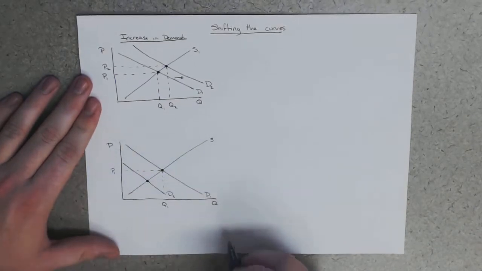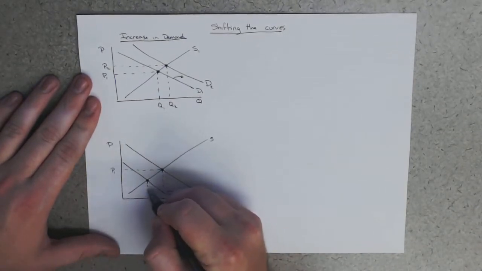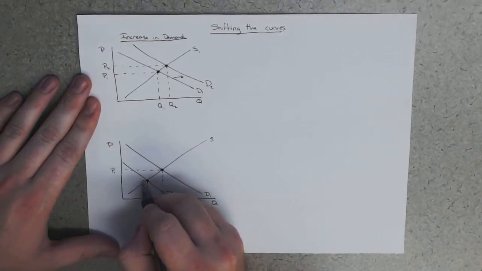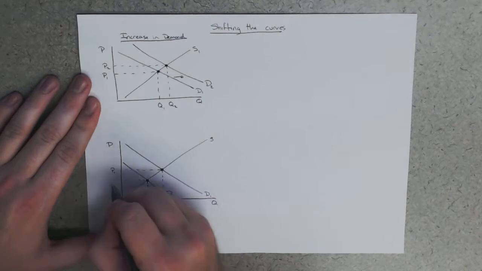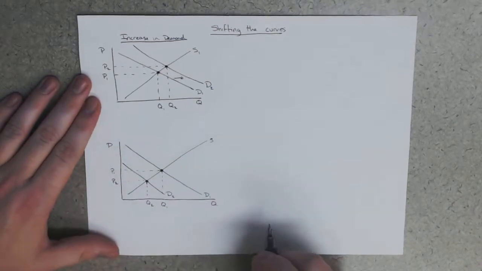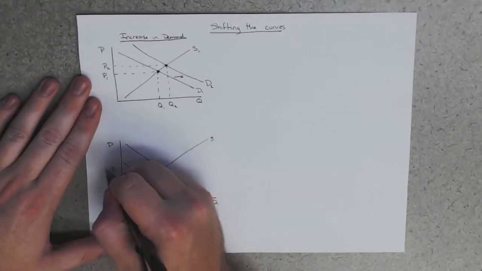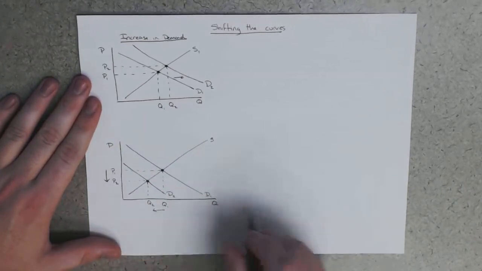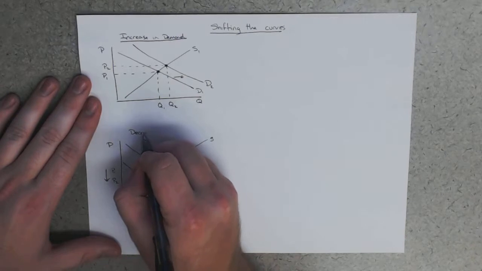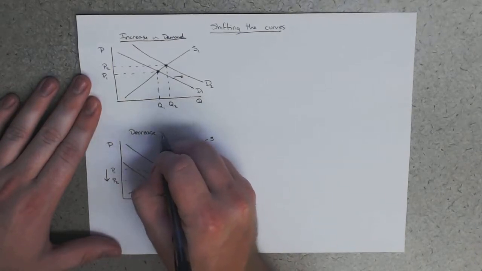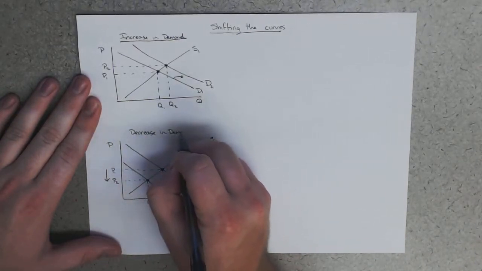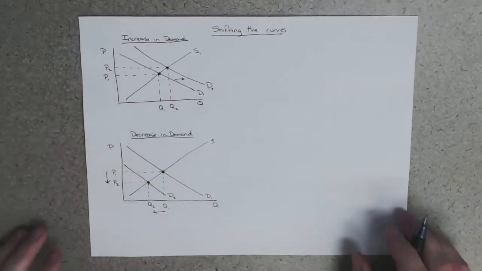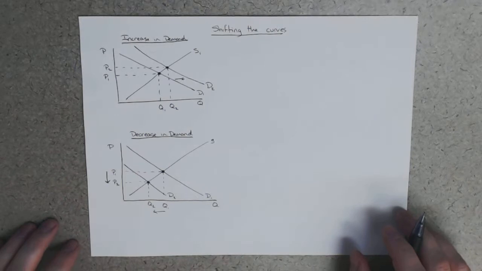Okay, we found the new equilibrium. Let's come straight down. There's Q2. And let's come straight across. There's P2. Okay, so price has fallen and quantity has decreased. So a decrease in demand leads to a decrease in price and a decrease in quantity.